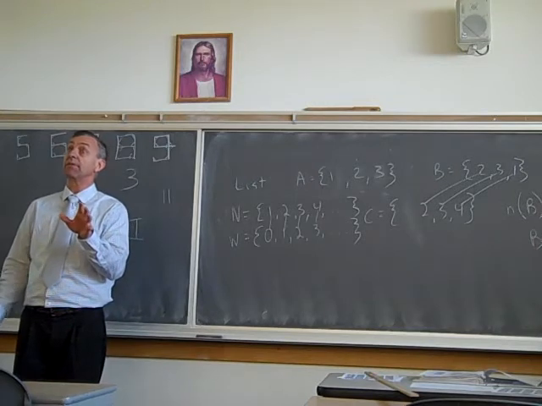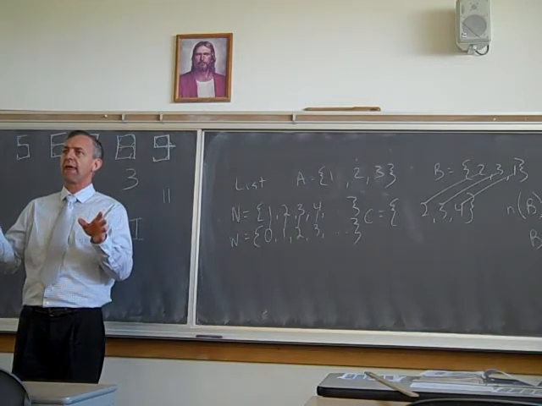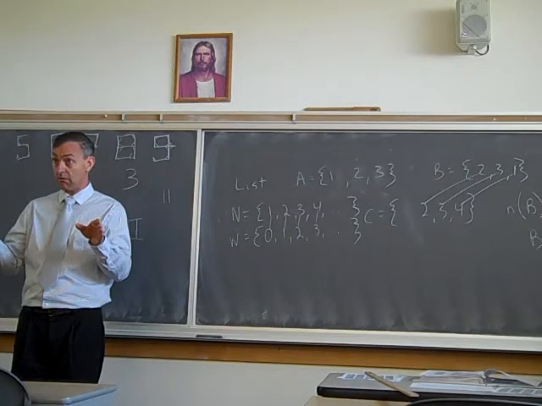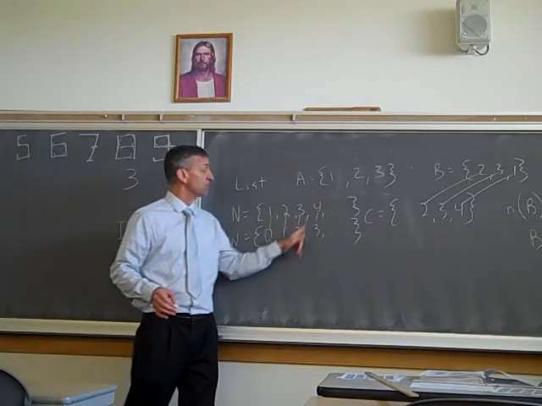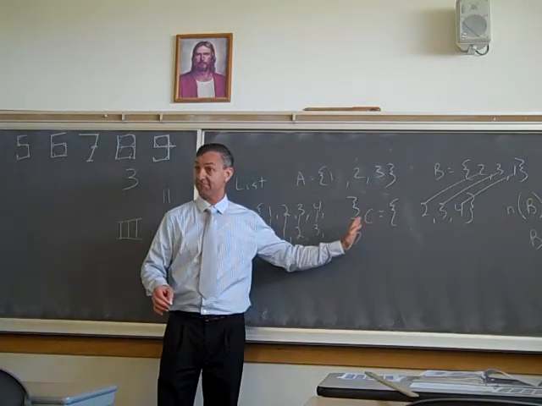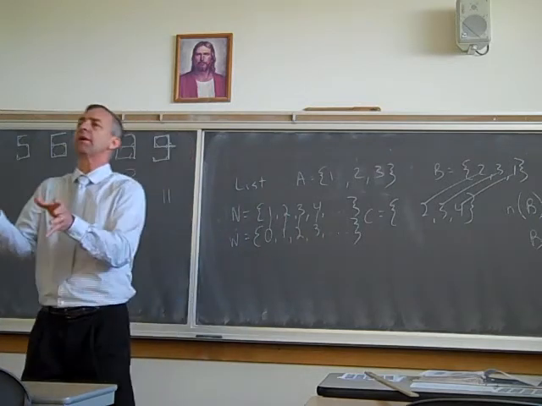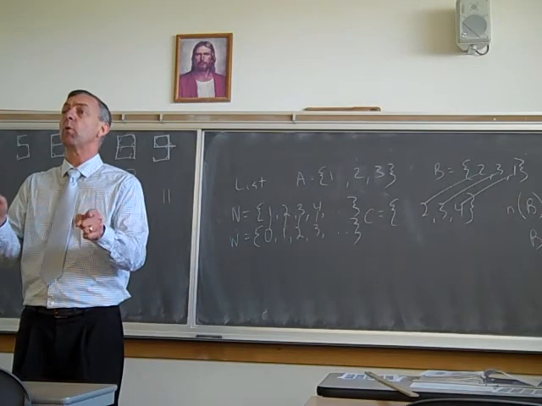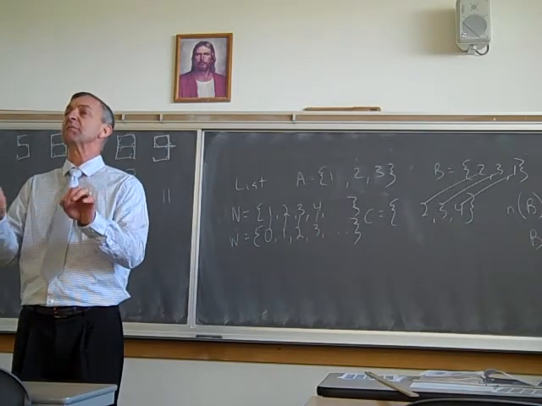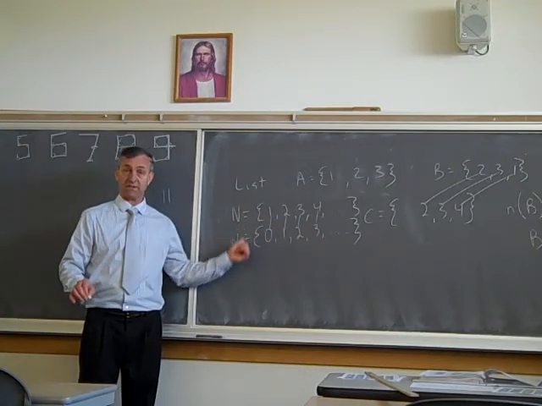But if bigger than means has more elements than, I just proved that I can make a perfect one-to-one correspondence between these two sets. It's like saying, I don't know how many people are in the BYU Idaho Center, and I don't know how many seats are there, but I know there's a one-to-one correspondence, therefore they're the very same size. I just showed that very same thing here. These are the same size.